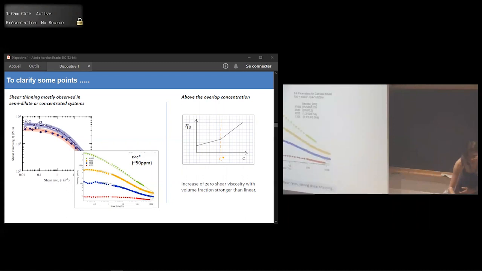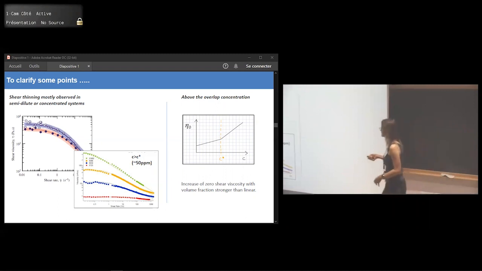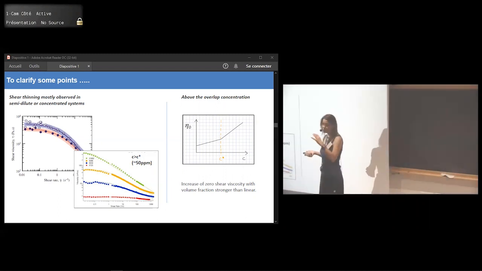There's one thing I wanted to clarify after the discussion we had during the last lecture about the origin of shear thinning. Most systems that shear thin are not dilute systems, but my talk was really supposed to be about dilute systems. Most systems that show shear thinning are semi-dilute or even concentrated systems, as the curve that I showed you about the spider silk.